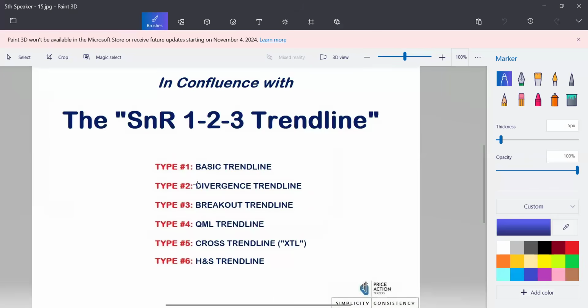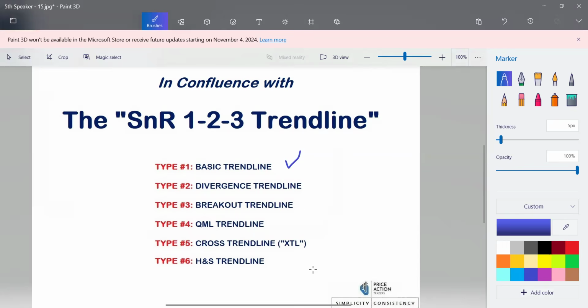So now the very first part we have here is the basic trend line, which is the most common and consistent trend line. That is the first one we have here.